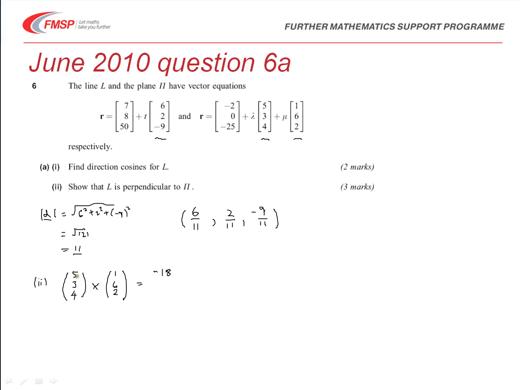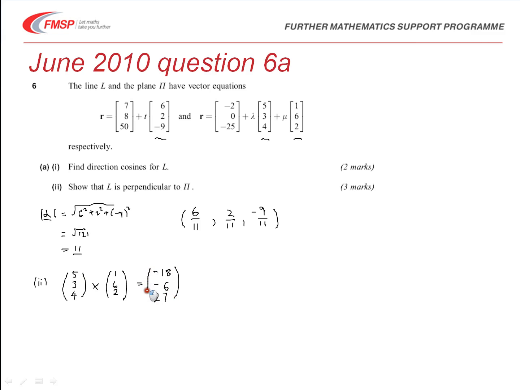For the y component, it will be the determinant of 5 and 1 and 4 and 2, so that's 10, take away 4, which is 6, but you have to remember that second one is a negative from the plus minus plus. And then for z, it's the determinant of 5 and 6 and 1 and 3, so that'll be 30, take away 3, which is 27.